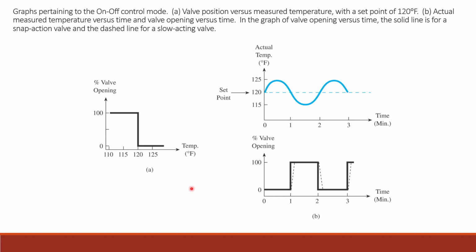That particular type of control, where I'm operating a solenoid valve, that type of controller is called an on-off control mode, sometimes called a bang-bang control because it bangs on and off at its set point. And if you look at this graph here, this shows the percent of valve opening at different temperatures. And if the set point's 120 degrees, as it is here, we see that any time that's below 120 degrees, the valve is 100% open.